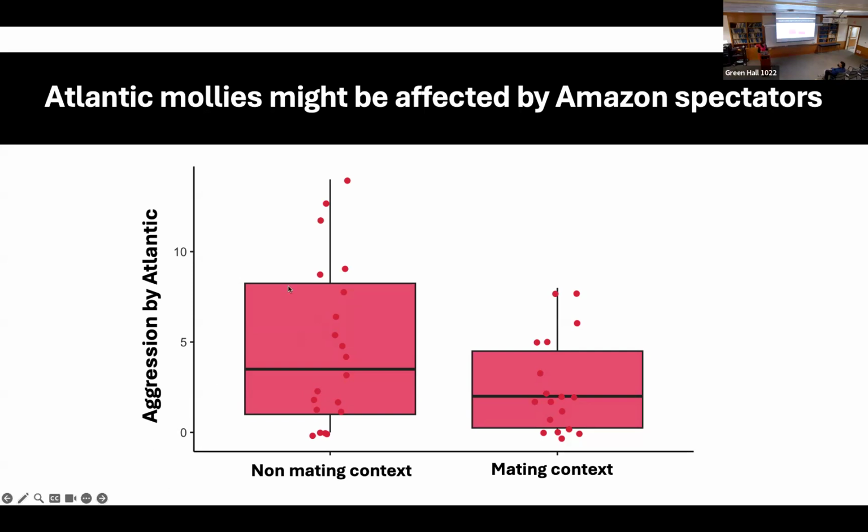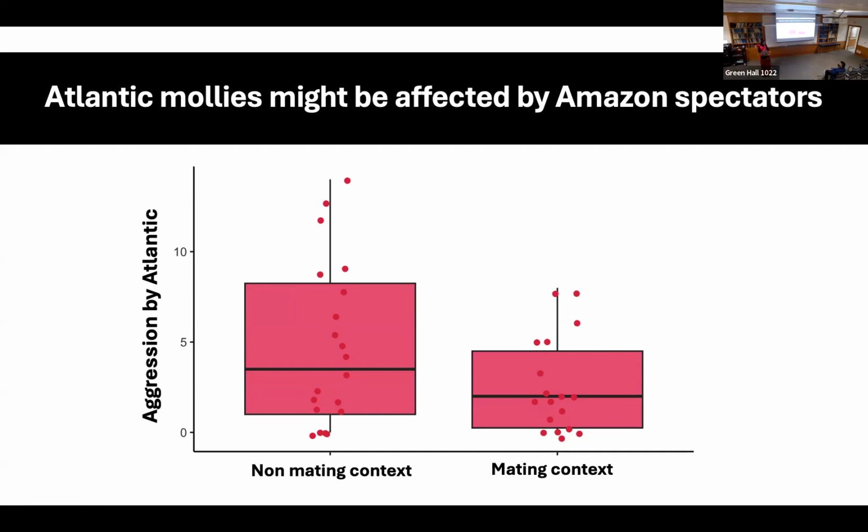So the Atlantic molly did appear to be more aggressive in the presence of an Amazon, and slightly less aggressive in the presence of a male of her own species. These results are actually not significant, so I might need a larger sample set to really tease apart what the relationship between these things is here.